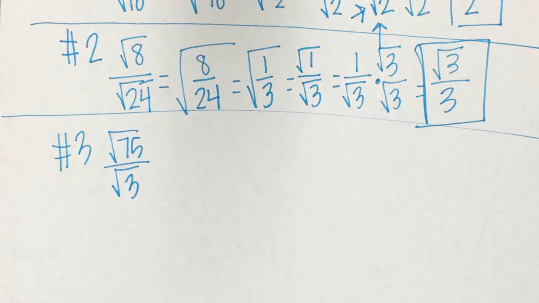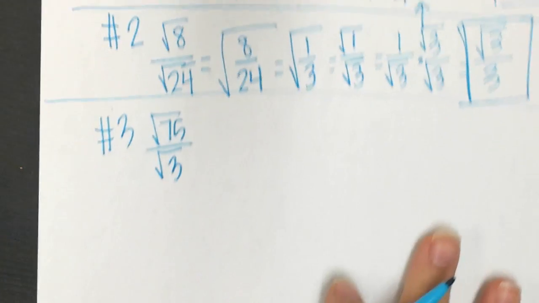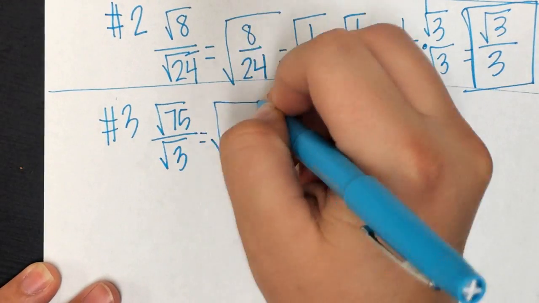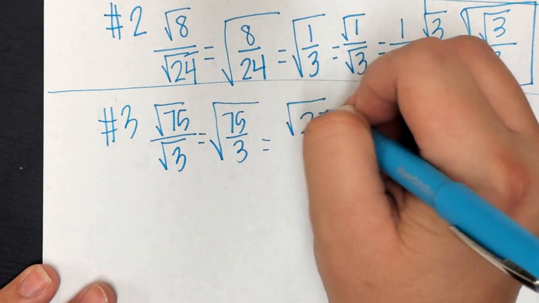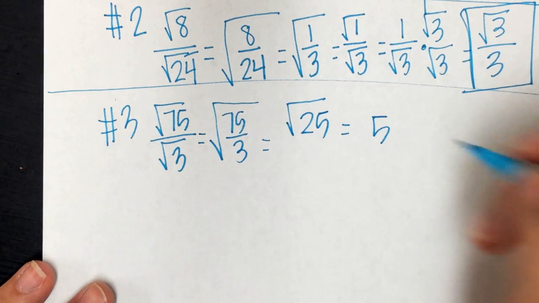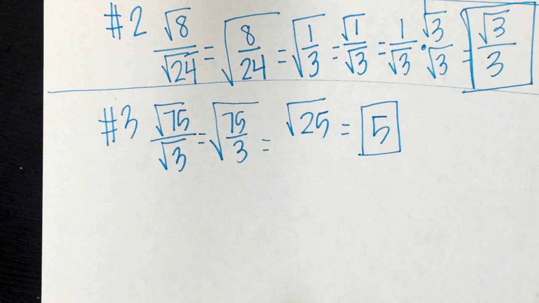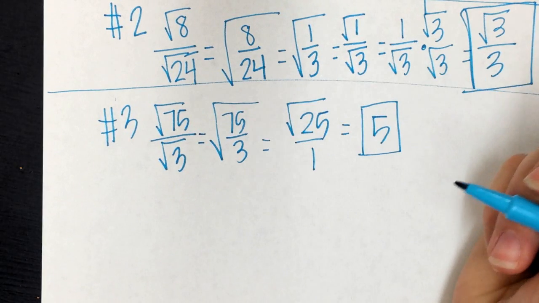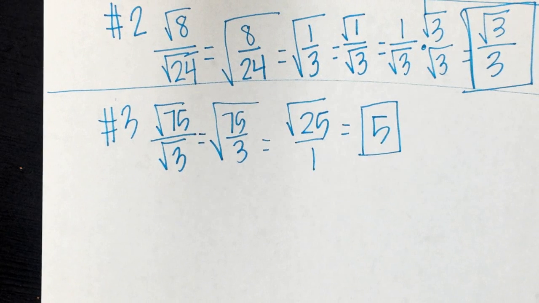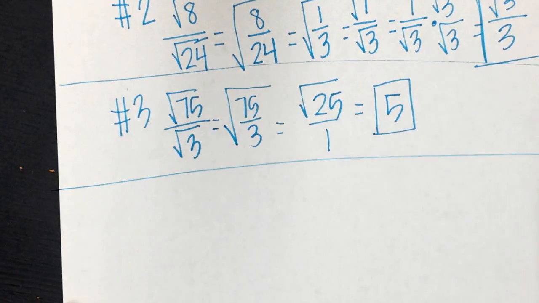Don't overthink it. Okay, well look at this. This can combine, right? 75 divided by 3. Well, what is 75 divided by 3? So what's the square root of 25? That's your answer. You could, but what's the square root of 1? And what's 5 divided by 1? Don't overthink it. Okay? Okay, next.